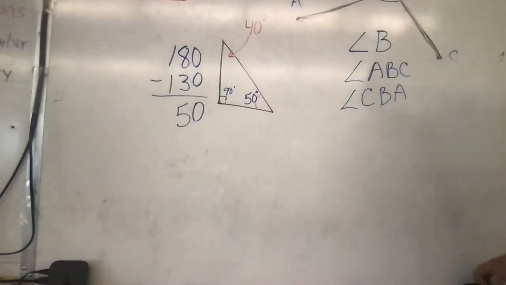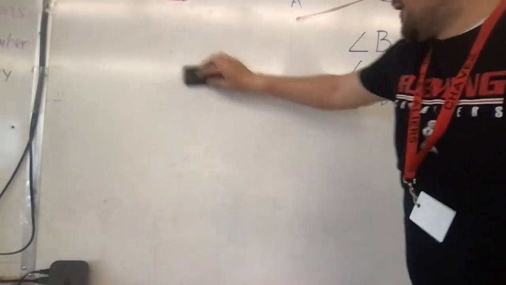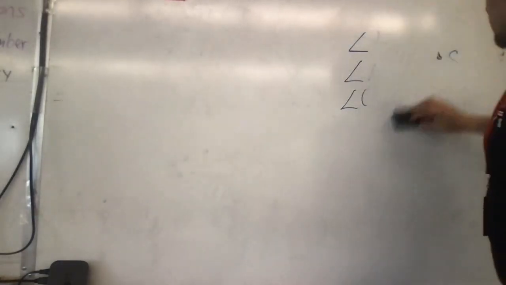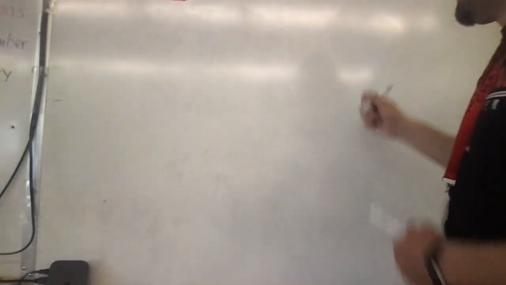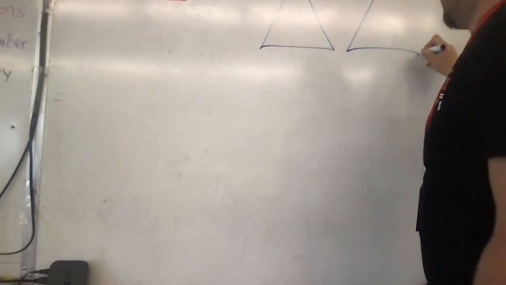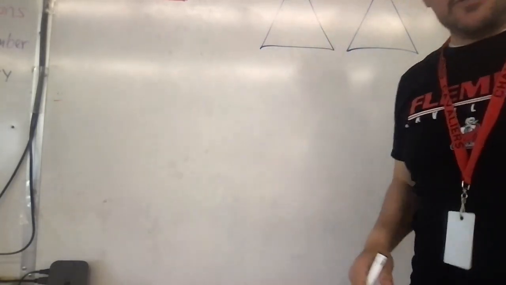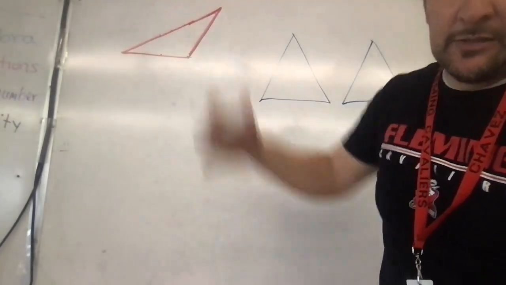The harder ones are when it talks about isosceles triangles. When you get to the questions that talk about isosceles triangles, you're going to want to draw two triangles most of the time. If you don't do this, you're going to miss some. Trying to do it in your head, you're going to miss some, and you're going to be sitting there having to work till 90.